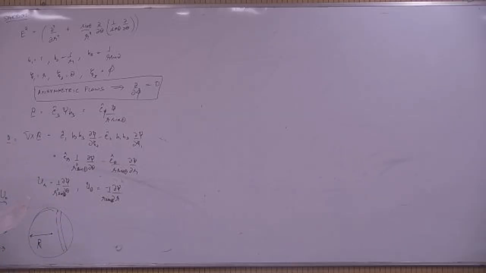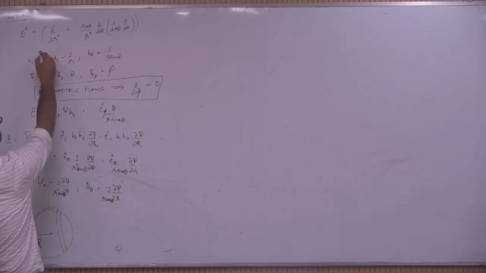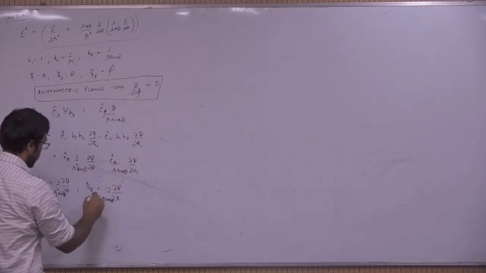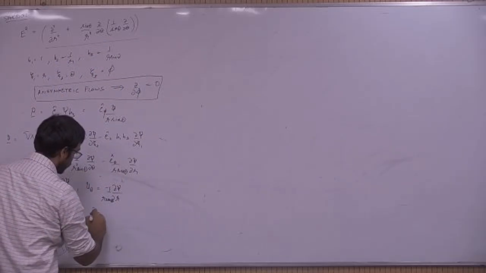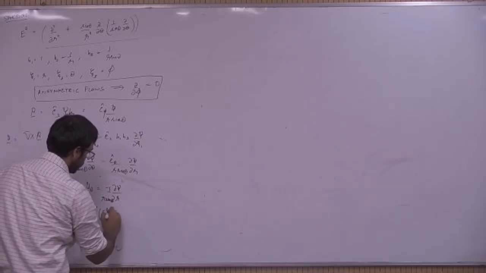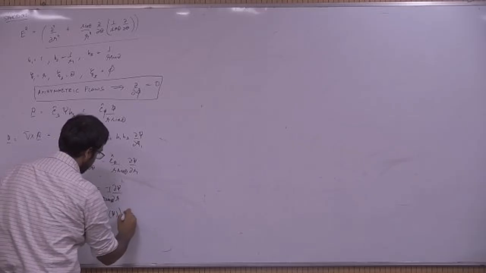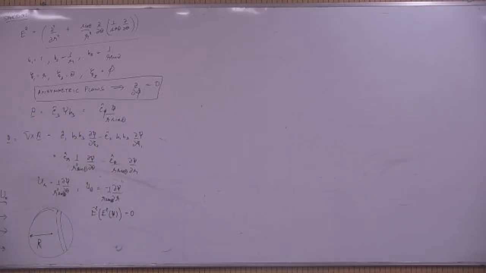That is what we will try to evaluate now. Before we do that, we know that the stream function psi satisfies the equation E2 of psi equals 0. What is the order of this equation?